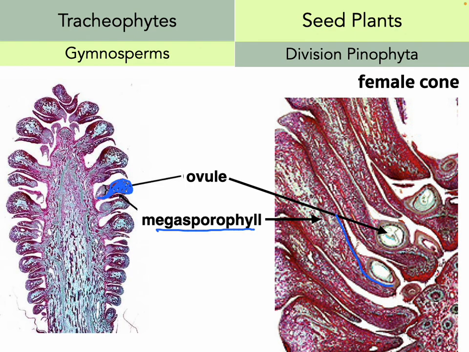And the ovule here, use a different color. Like, what is the ovule, right? So the ovule here, actually, there's a separate name, but it actually acts as a megasporangium.